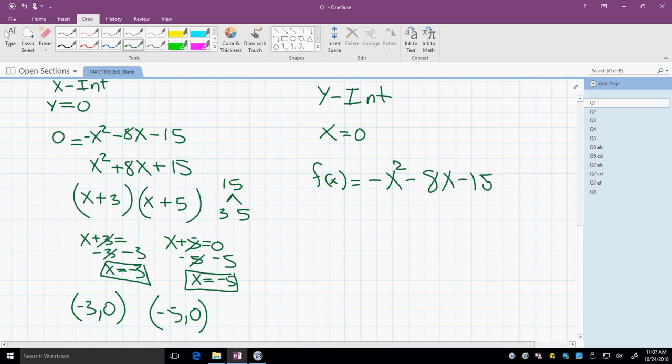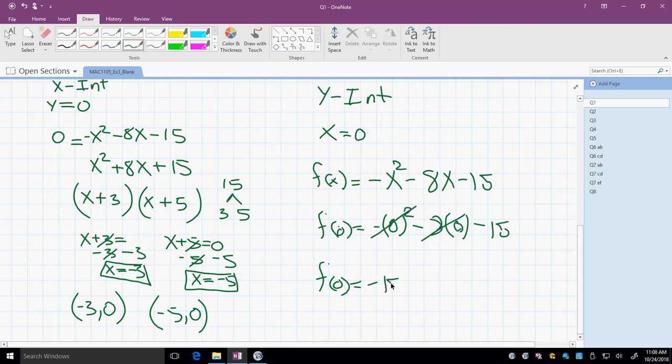If we substitute every x by 0, that really is going to be really easy. Minus 15. So this completely cancels, and we have f of 0, sorry, it's going to be equal to negative 15.